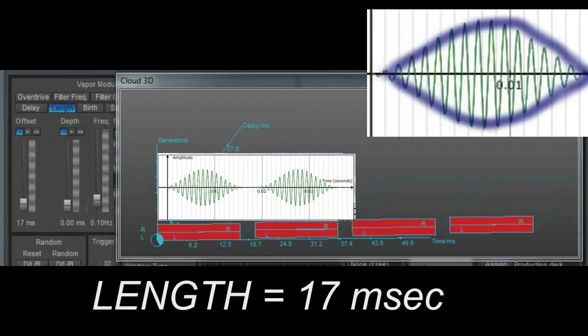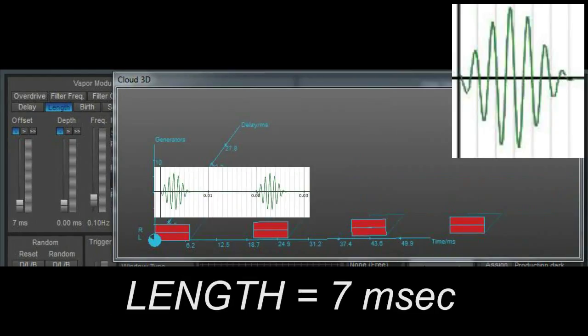Well, I think it's time for some explanations. What we have seen is the result of the interaction of the grain window, which is the grain's loudness envelope, and the grain's content, our sine wave. The shorter the grain, the more influence the grain window has.